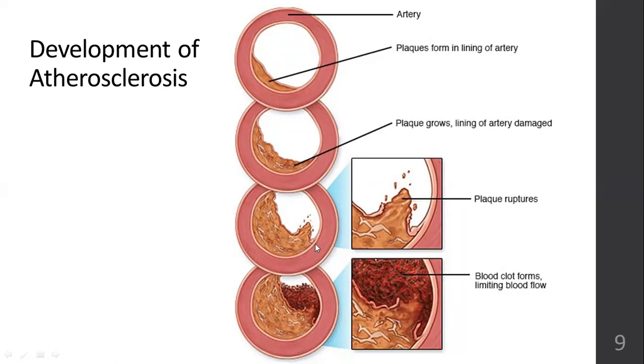The plaque can rupture. You can see here, it has increased in its size and mass, and sometimes it can rupture. And wherever it is rupturing, your body identifies it as an injury to the body. And what happens? The blood will come wherever it has ruptured, and it will form a clot.